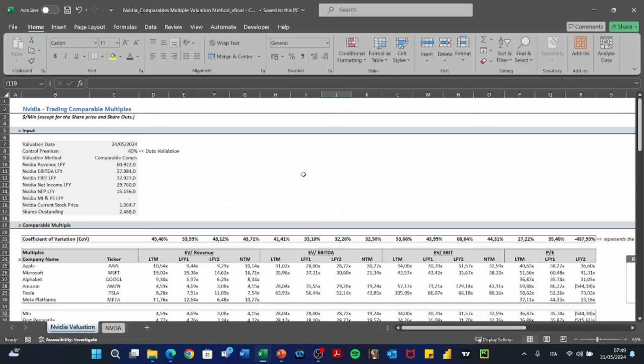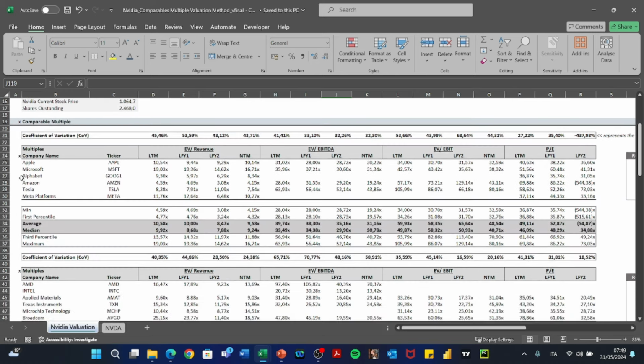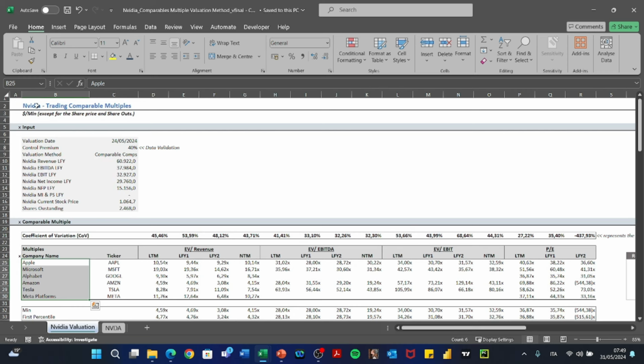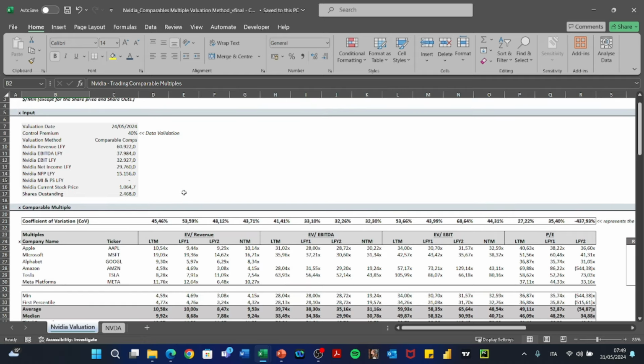I have decided to use two different panels of comparables. The first one is made of the other six companies which are part of the renowned Magnificent Seven stocks, which are Apple, Microsoft, Alphabet, Amazon, Tesla, and Meta, which together with Nvidia constitute the Magnificent Seven, in terms of the capitalization on the market.